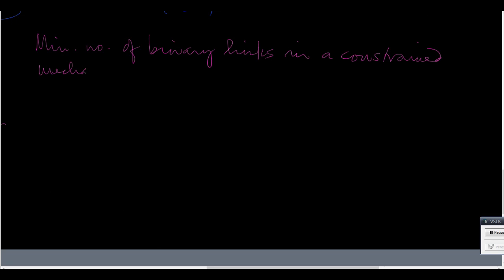minimum number of binary links in a constrained mechanism. What's a constrained mechanism? F equals 1 with simple hinges. Now, this is interesting.